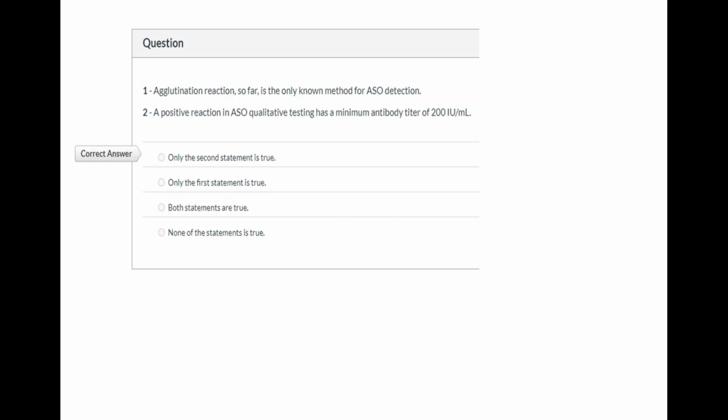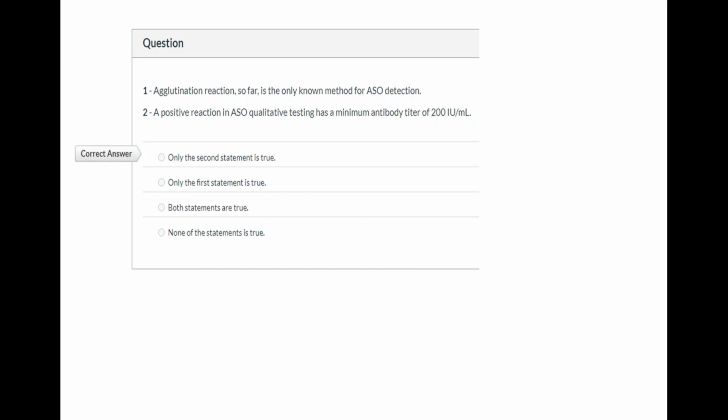The first statement is wrong. If you have read the reading materials that I have given you, those were two package inserts. The first package insert employs latex agglutination, whereas the second package insert uses the immunoturbidimetric method. Okay? So if you read that, you will be able to answer this.